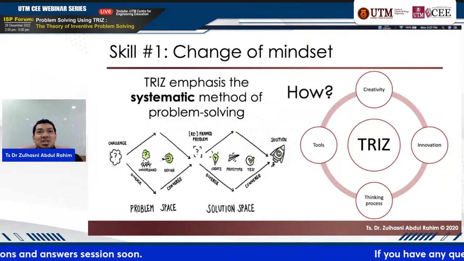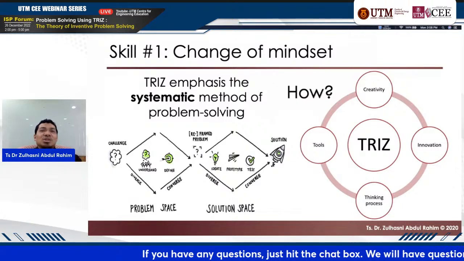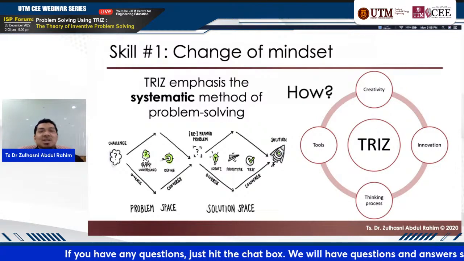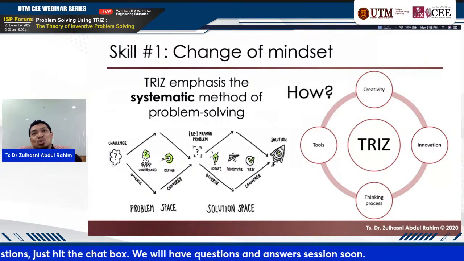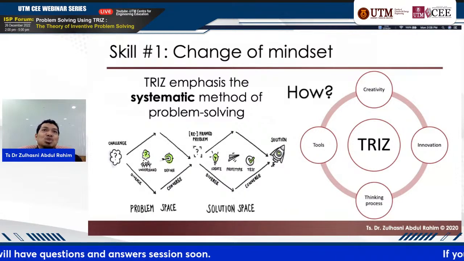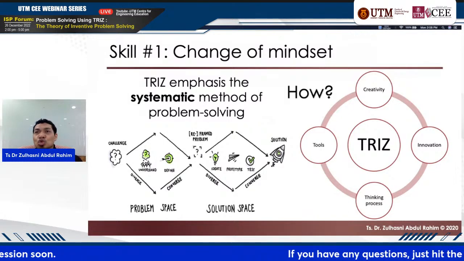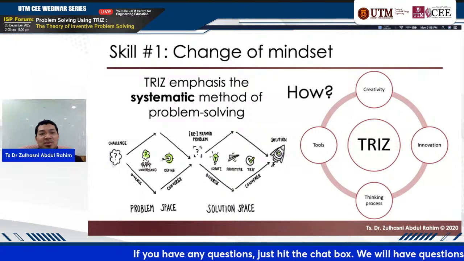So this is the technique: diverging to understand, converging to find a root cause, diverging for ideation, and converging to establish the final solution. This is also a technique that we use in TRIZ, by having this kind of tools to help our students and also our problem solving.